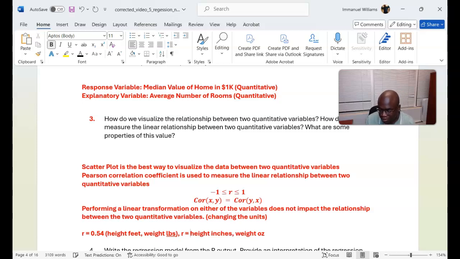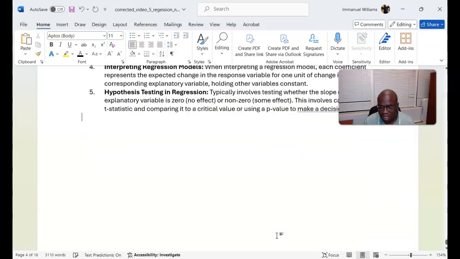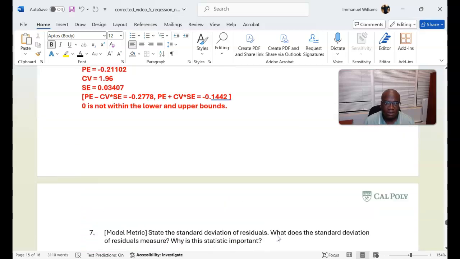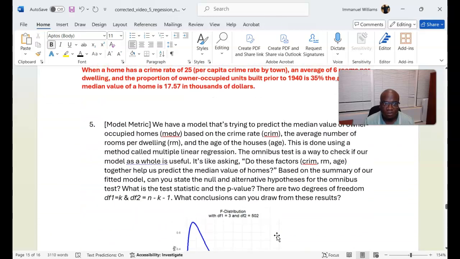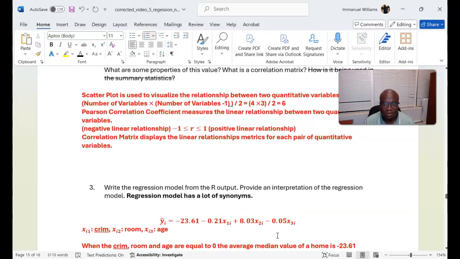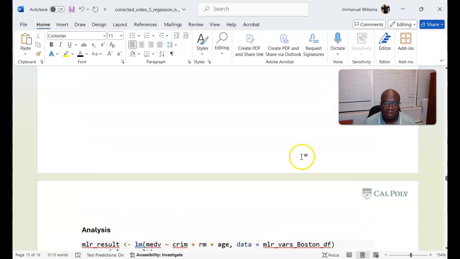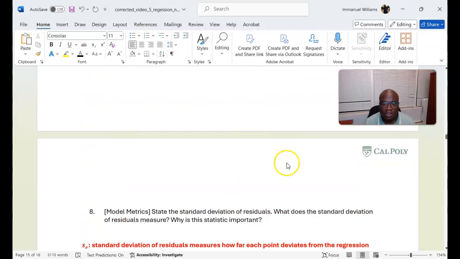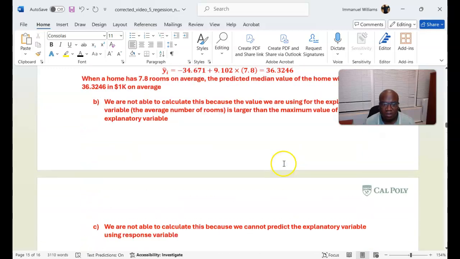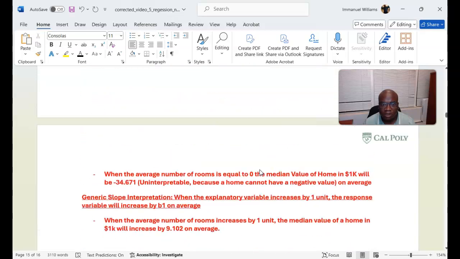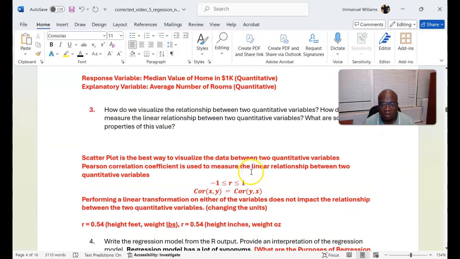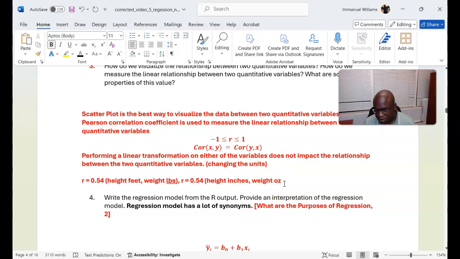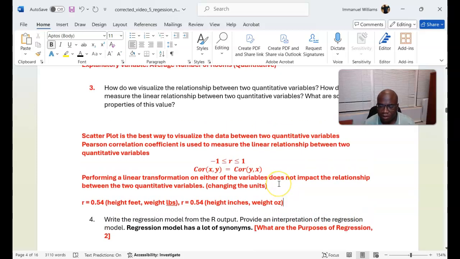The correlation will still be 0.54. That's the point that I'm trying to make here: regardless of the transformation, my apologies, it would still be the same correlation.